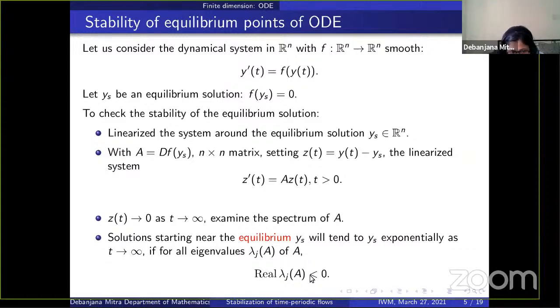So in summary, z(t) goes to 0 as t goes to infinity if all eigenvalues of the operator A, that is, df(y_s), have negative real part, so all are in the negative half plane of the complex plane. That is the characterization when we want to study the stability around an equilibrium point of a dynamical system. So this is well known.